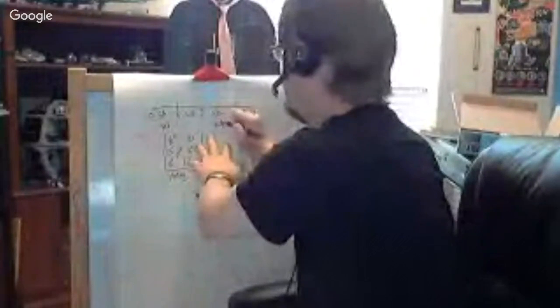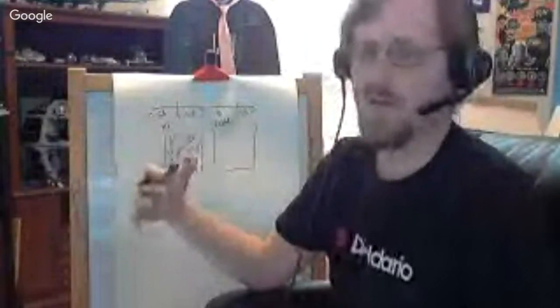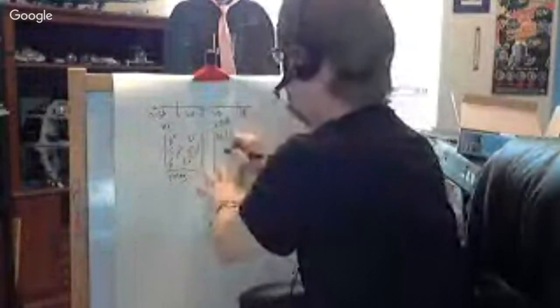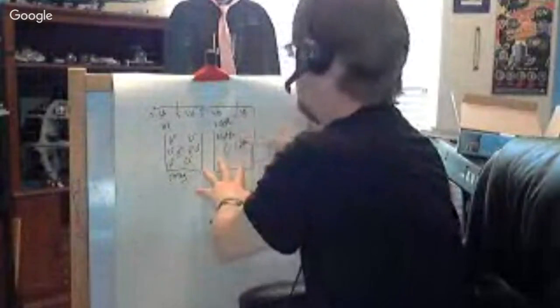A weak substance like HC2H3O2, this is acetic acid, otherwise known as vinegar. This is a weak acid, not for any other reason than the fact that when it goes into water, it's only going to partially ionize. So we've got some compounds and then some ions, like this.